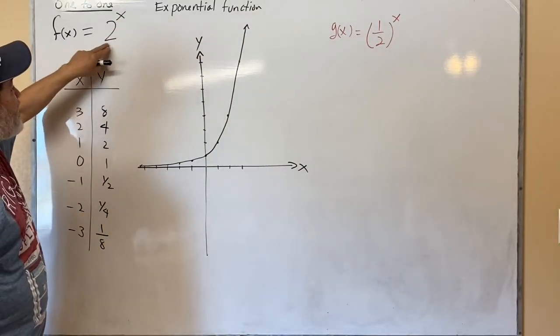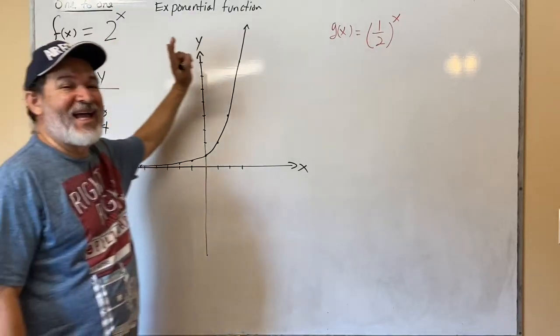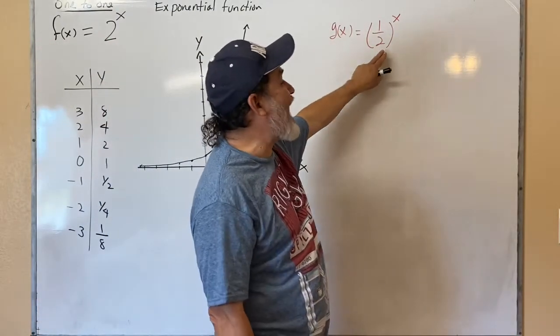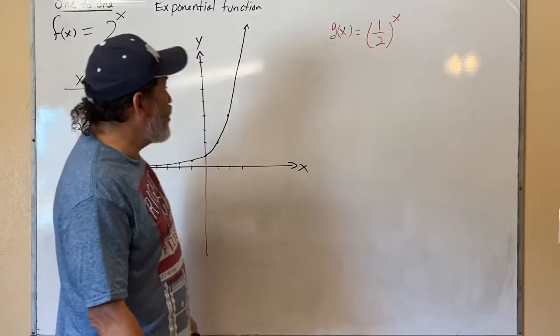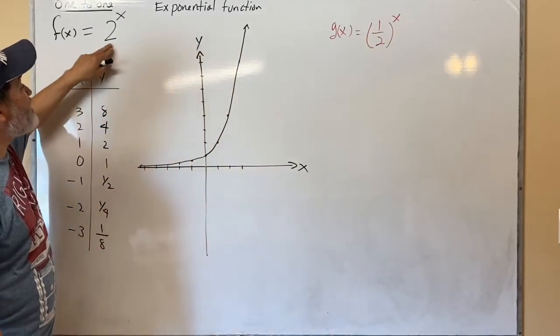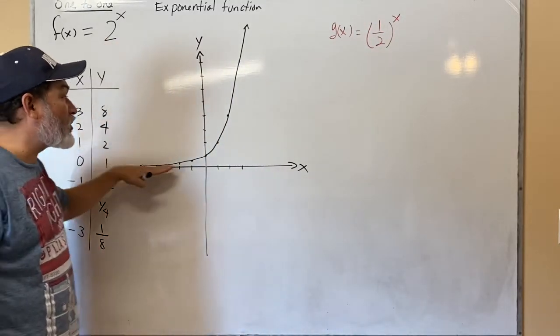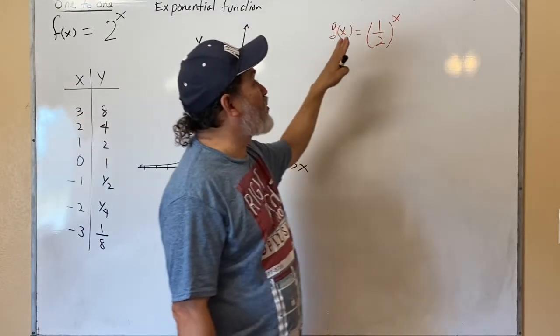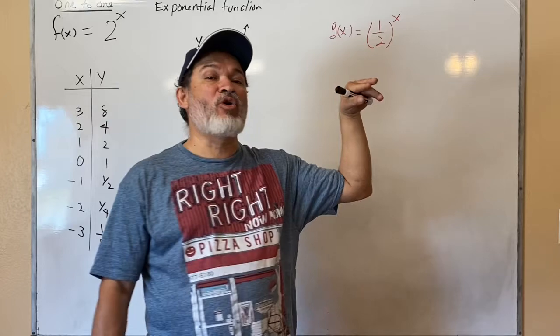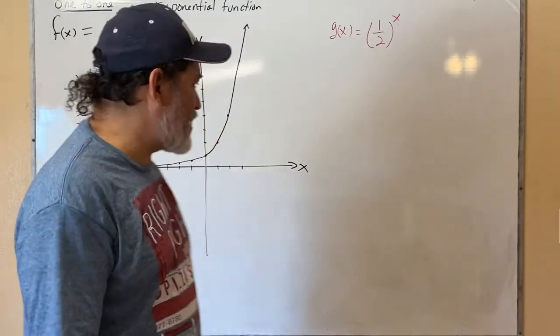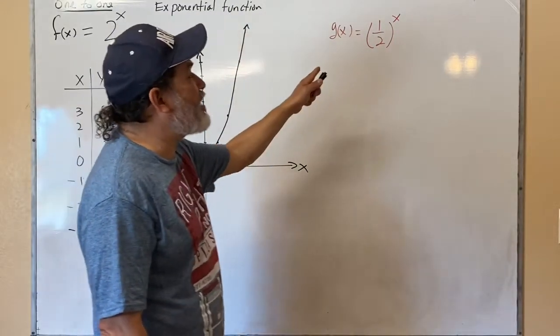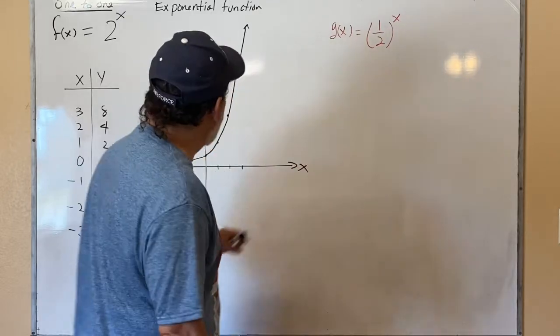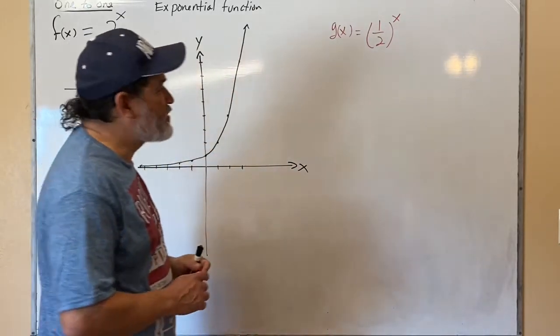Here the base is 2 and here the base is half. Look at the behavior when the base is 2. It increases. Let's graph this one and then we'll look at the behavior. Let's make a table.